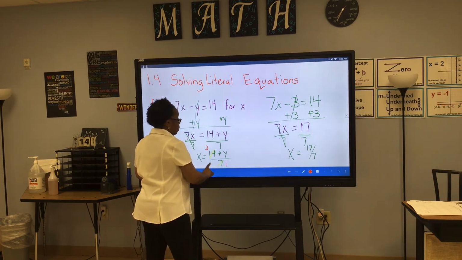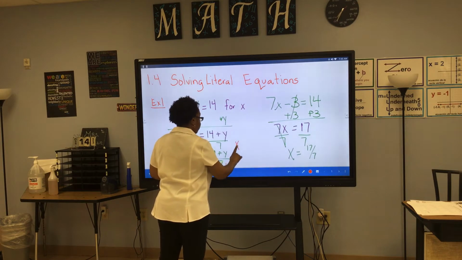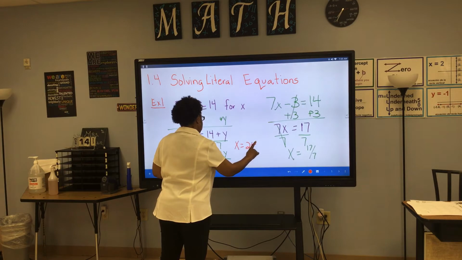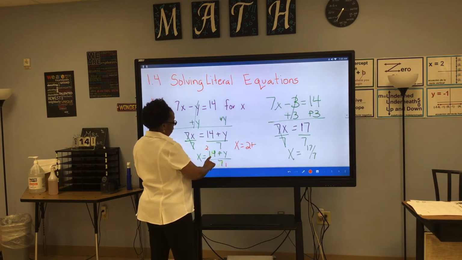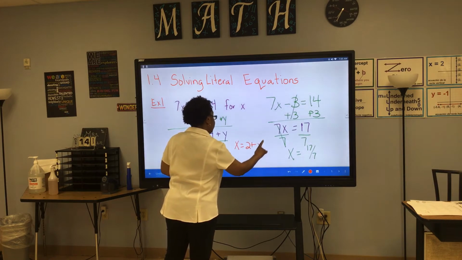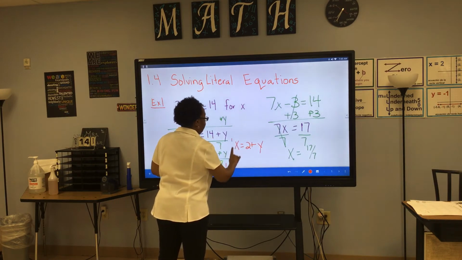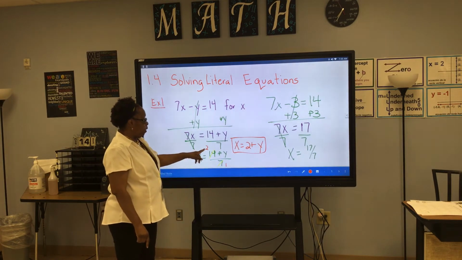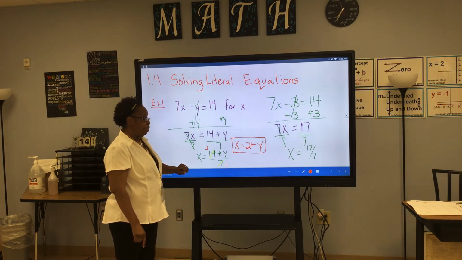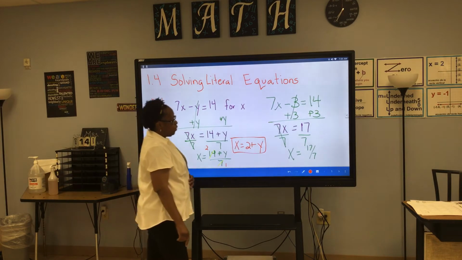That's 1. So I end up with x equals 2 plus, I'm leaving something out, 2 plus y, that's right, so sorry. 2 plus y. And if it's over 1, we know that doesn't change the value. So in this case, we did have a reduction that could be done, okay? So let's look at example 2.